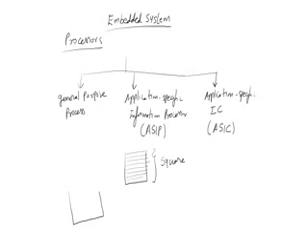A general purpose processor can not only implement a square function, but also a circle, or a triangle, and so on.